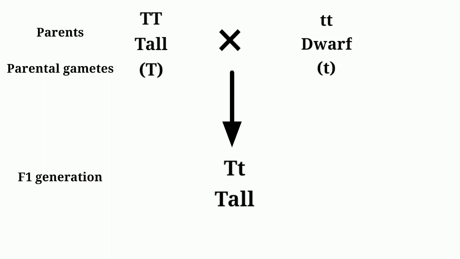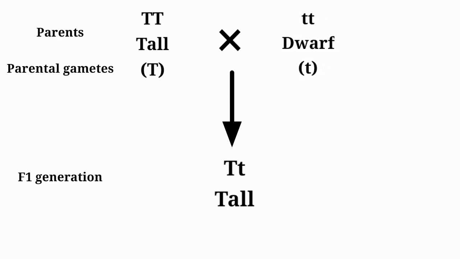So in the case of the tall parent, below the character tall, I have written capital T within brackets, and below the character dwarf, small t is written within brackets. These two are the gametes. And I have written only one T because of the haploid nature of the gametes.